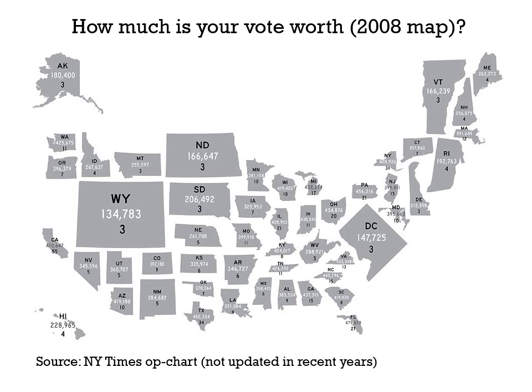Let's look at 2 states to illustrate this. This is a map that sizes the states according to how much power an individual voter has in those states. Now, Wyoming has the smallest population of all the states, and it has 3 electoral votes.